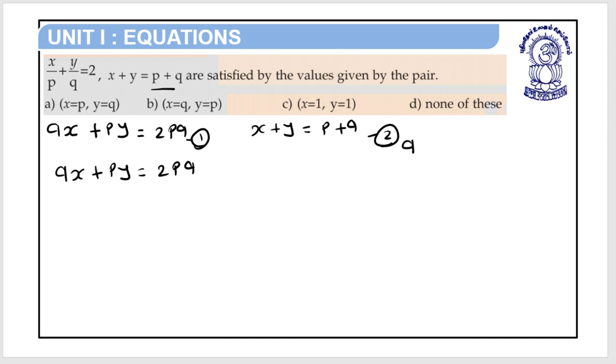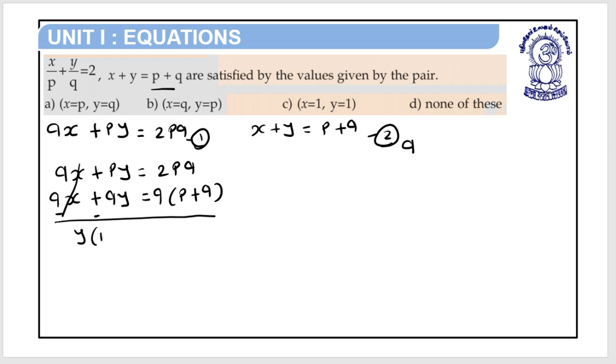So the second equation becomes qx plus qy is equal to q into p plus q. Now use subtraction. qx minus qx cancel. So y common, p minus q is equal to 2pq minus q into p plus q.